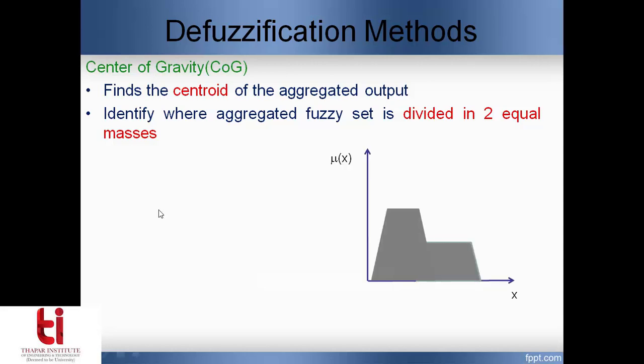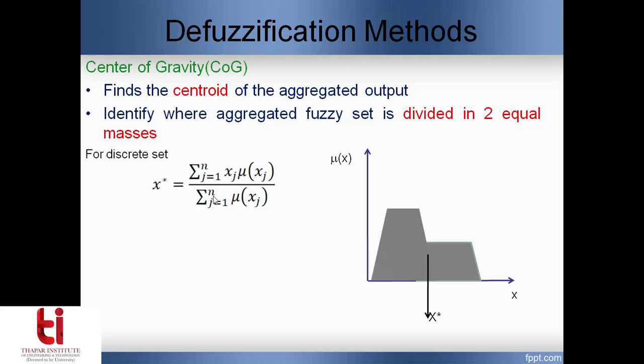Okay. So it is mathematically expressed, for a discrete set, as the sum of x into the membership value of all the elements in my fuzzy set, divided over the sum of the membership values.